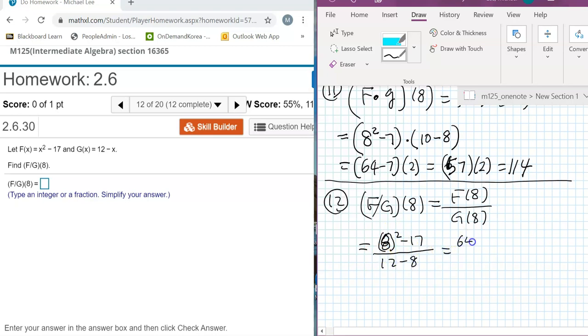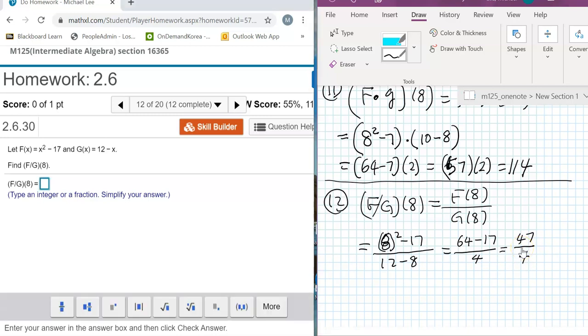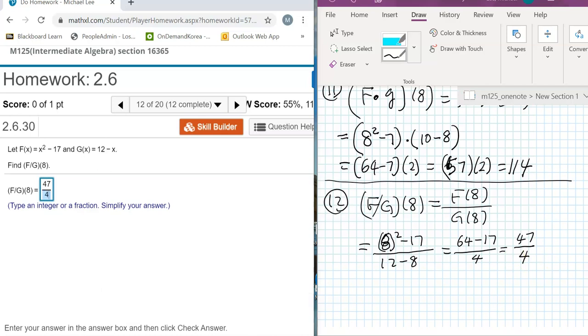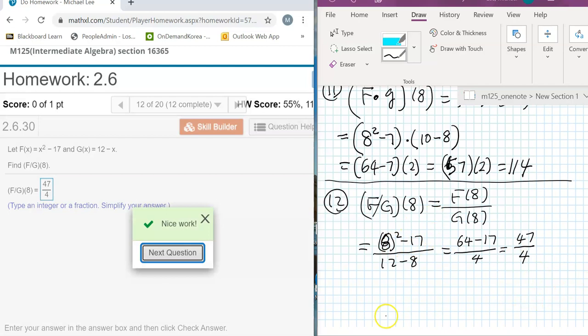So this is 64 minus 17 over 4, which is 47 over 4. Okay. I don't think you can simplify anymore. So just write a fraction, put the fraction bar there, 47, and then go to the arrow. It comes down to the bottom automatically. Okay. And that was number 12.